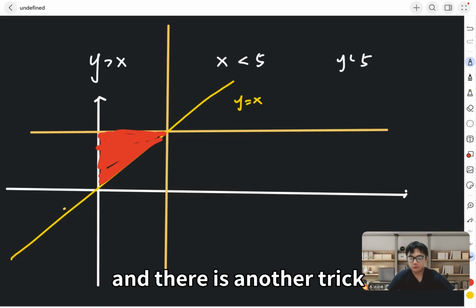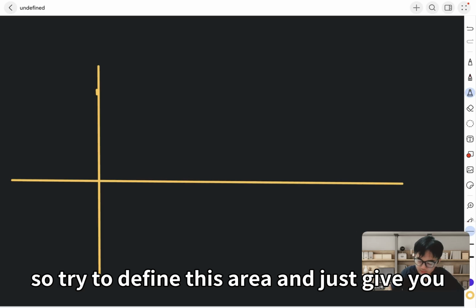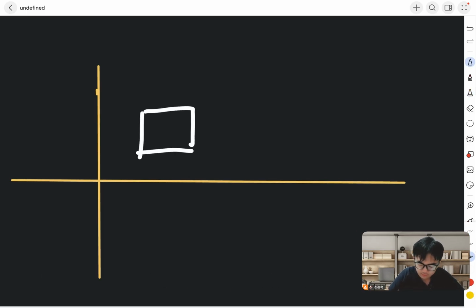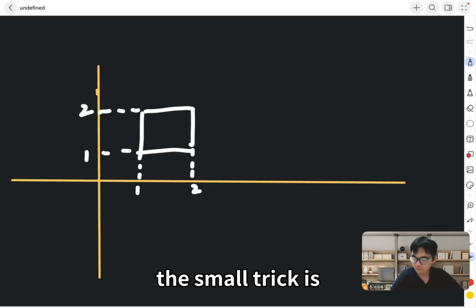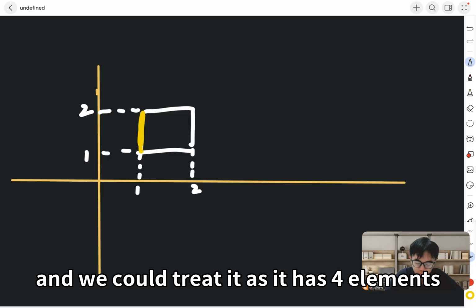And there is another trick. So try to define this area. Let me just give you. It's a square area. The small trick is it has 4 sides, and we could treat it as it has 4 elements.